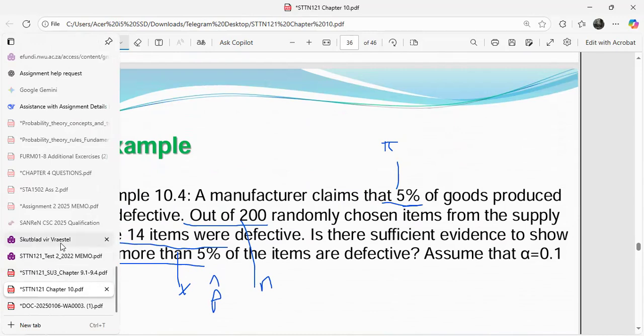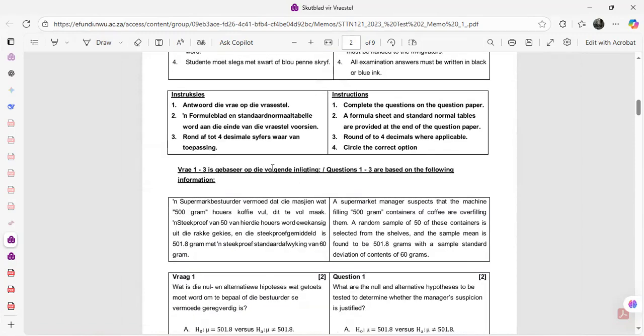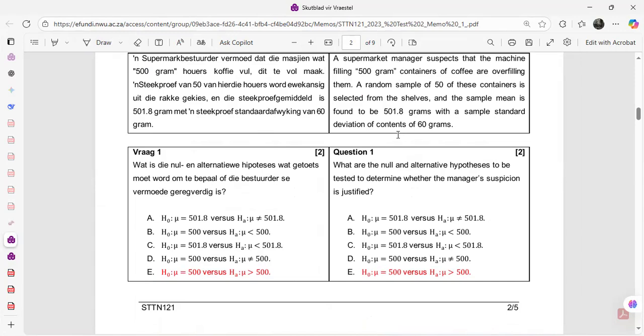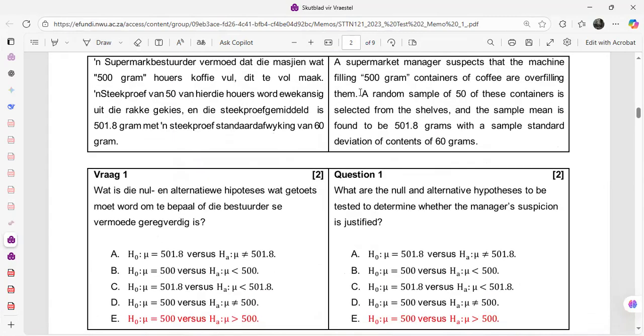Okay, let's check this question paper. Unfortunately, the only question papers that I can get are the question papers plus the memo. Let's look at this one. They say a supermarket manager suspects that the machine filling 500-gram containers of coffee is overfilling them.